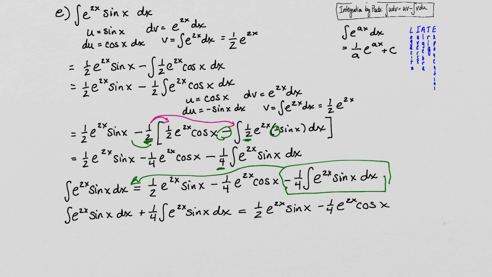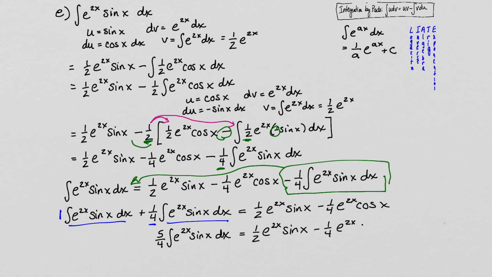Now you want to notice I have one of these integrals plus 1/4 of these integrals. So I have one of a bunch of stuff plus 1/4 of that same bunch of stuff. So what I really have is 5/4 times the integral of e to the 2x sine x dx being equal to 1/2 e to the 2x sine x minus 1/4 e to the 2x cosine x.